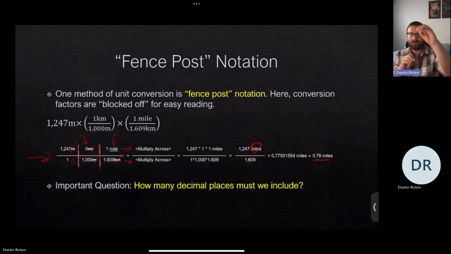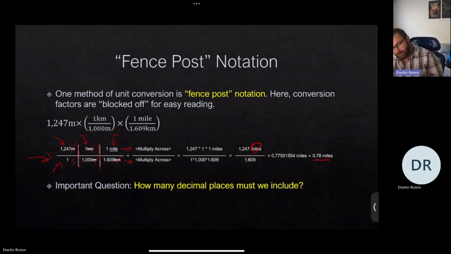So as long as you're multiplying by 1 each time and your units are canceling the way they should, you can actually do 2 problems at once. You can do one conversion in this numerator up here. And then you can also, if it's a rate problem like miles per hour, you can also convert the bottom in the same fence post notation. It gets a little tricky, so it takes a little practice.